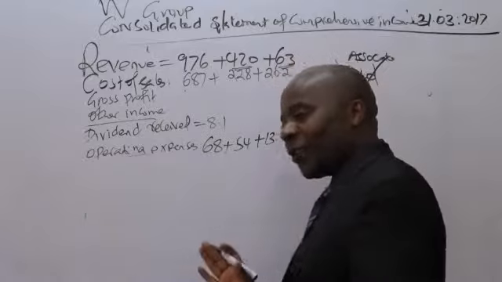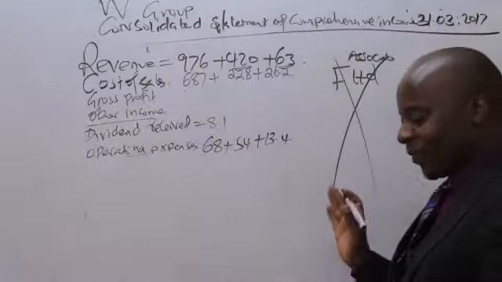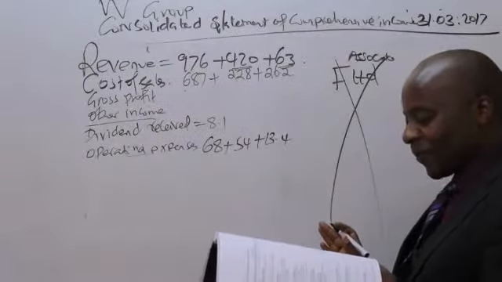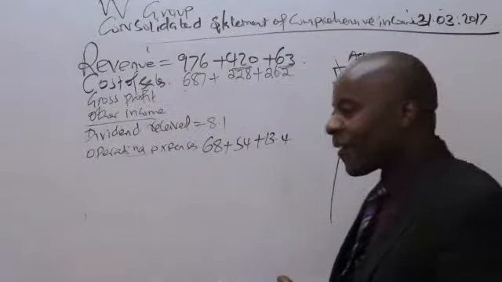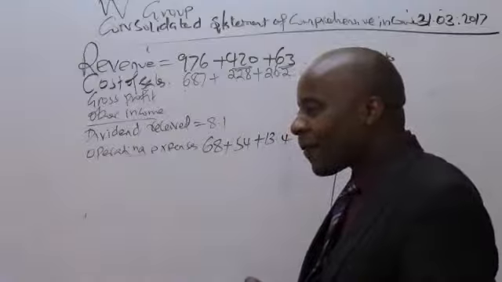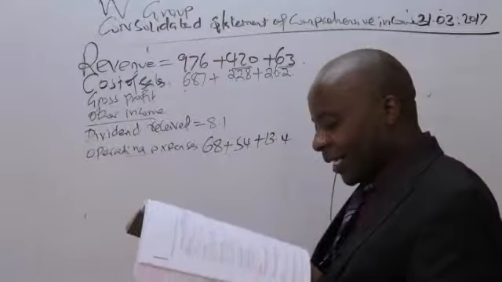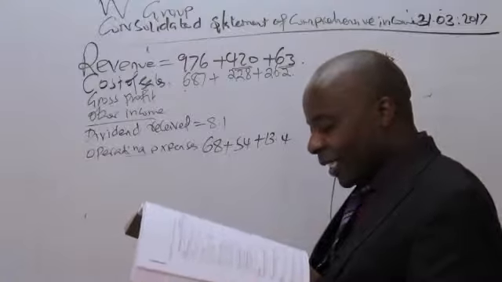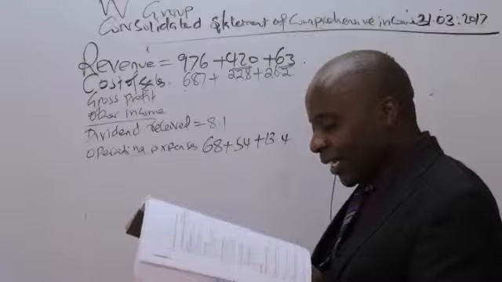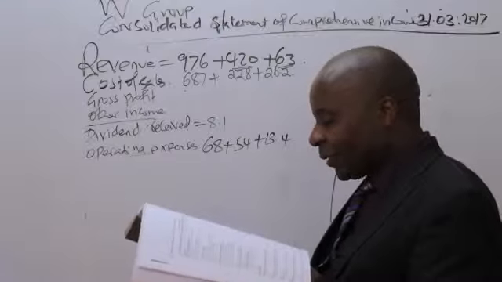Don't take your calculator yet. Other income is 6.1. Or other income is 6.1. And then we have dividends received, 8.1.